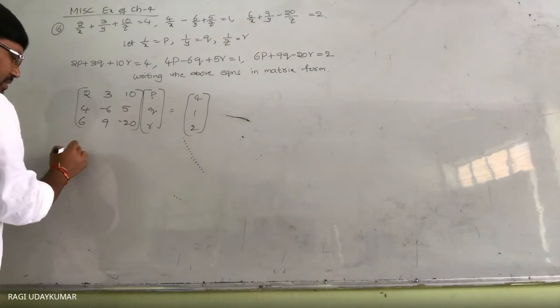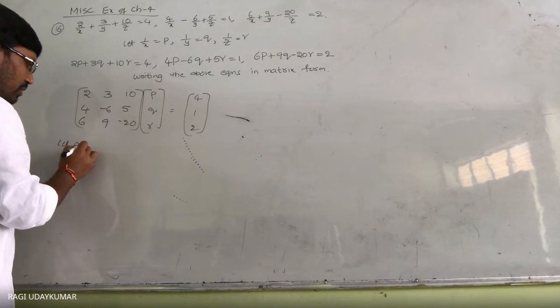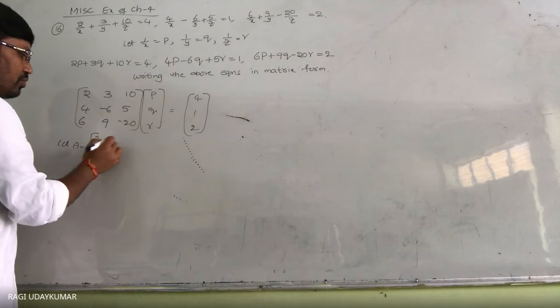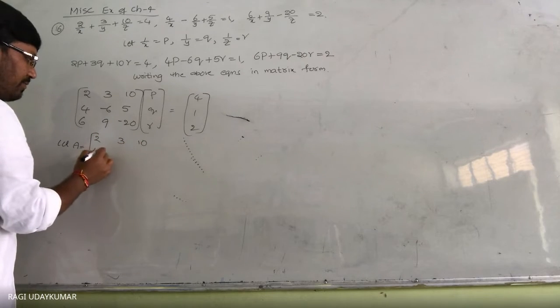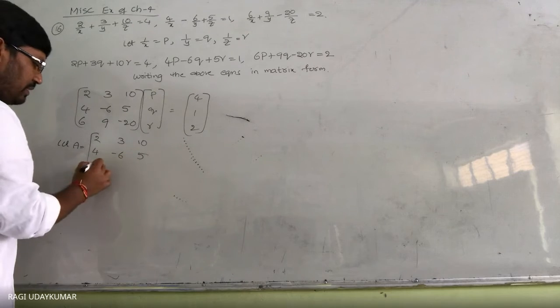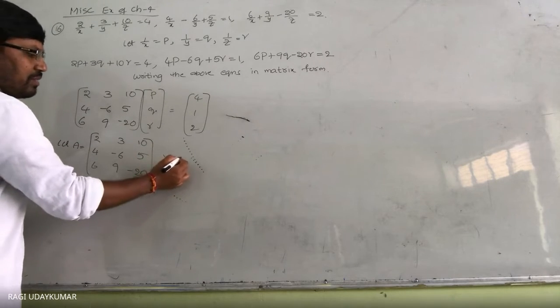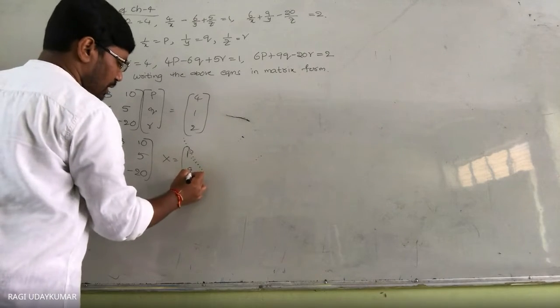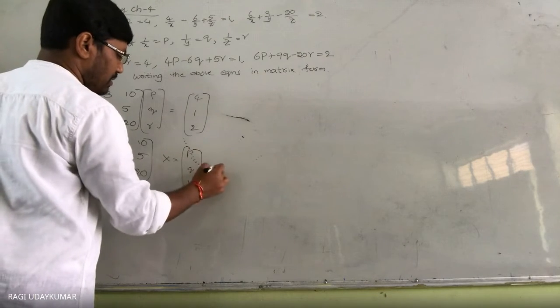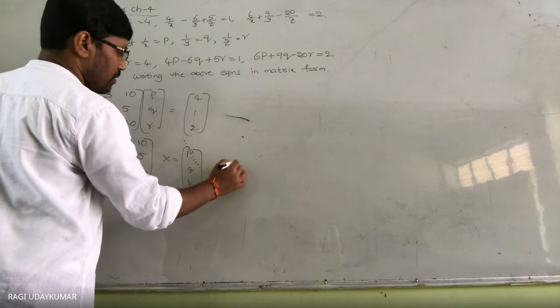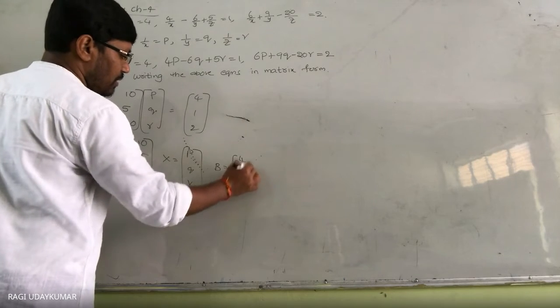Let this be A. Let A equal 2, 3, 10; 4, minus 6, 5; 6, 9, minus 20. Some variable X also you can consider. Since p, q, r is given, no need to consider it, and consider B as 4, 1, 2.